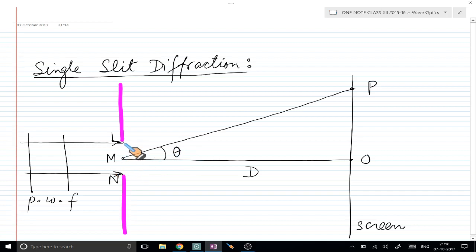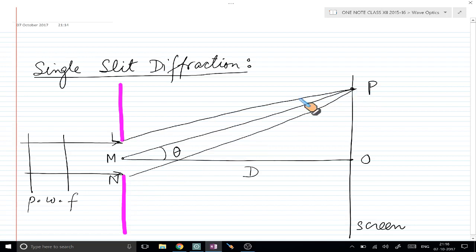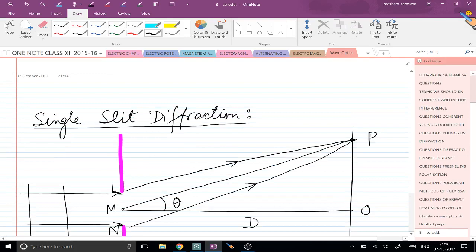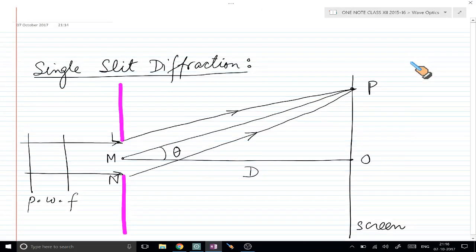Now all wavelets from L to N will be reaching this point P. Then the path difference between the wavelets reaching P from L and from N is this.